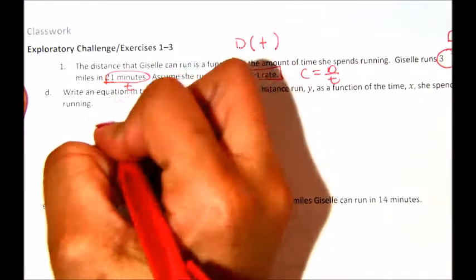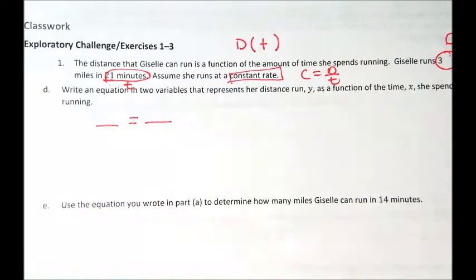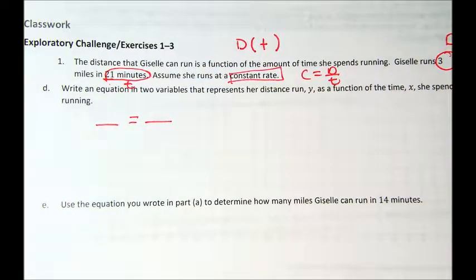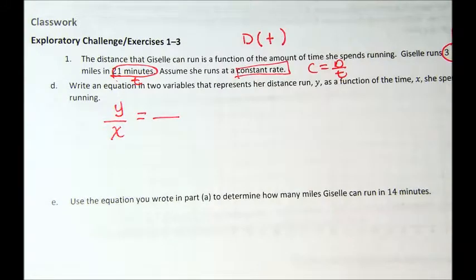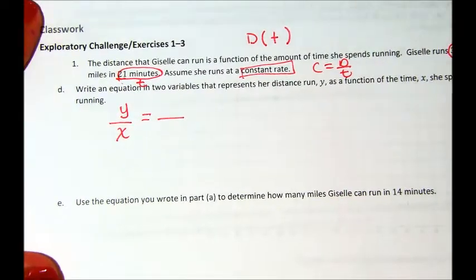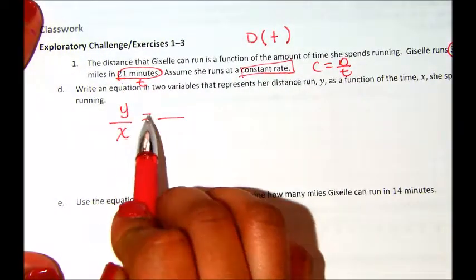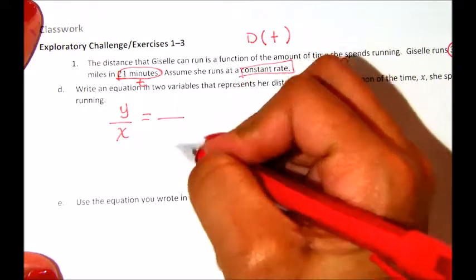Remember to set up your proportion as your first step to begin creating this two-variable equation. I'll even help you out. One side of your proportion should have y over x. What does this equation in two variables look like? Well, when I set up my left side of my equation, y over x, I know on my right side I need my distance over my time.